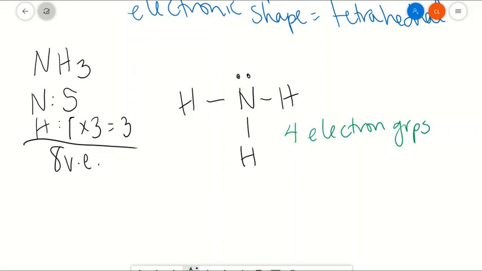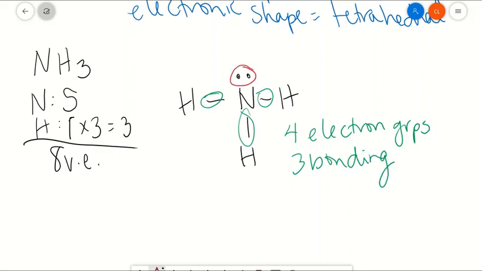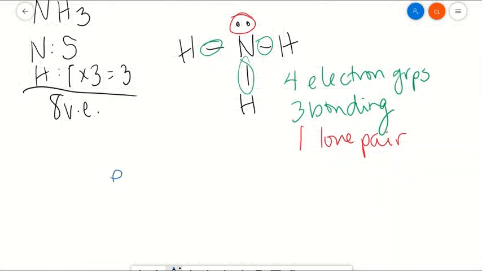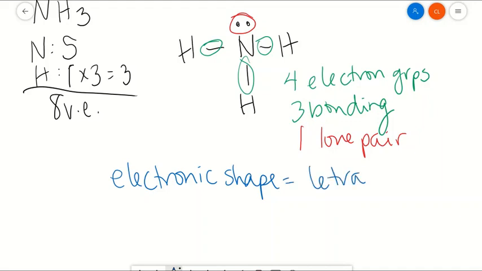Now we want to see how many of them are bonding. 3. And then how many of them are lone pairs? We just have 1 lone pair. So now we're going to name this. The electronic shape is still tetrahedral.